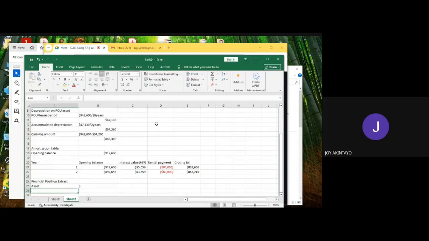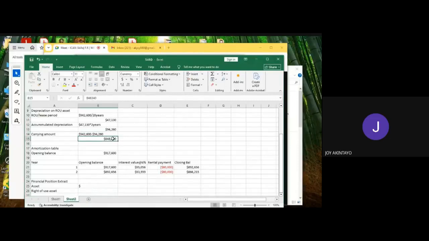So right of use assets. We are using the carrying amount. How much is our carrying amount? This is the carrying amount we have at the end of the second year.